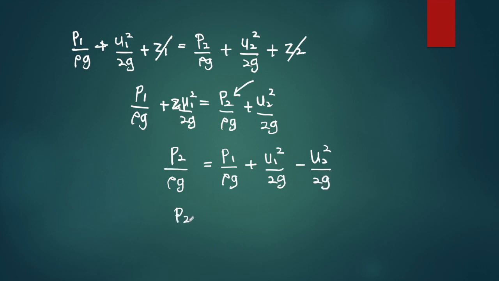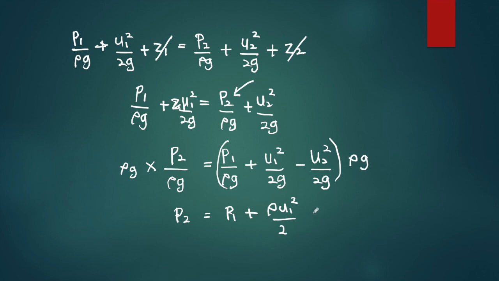So for P2, we multiply both the left and right hand sides by rho g. We will get P1 plus rho U1 square over 2 minus rho U2 square over 2.